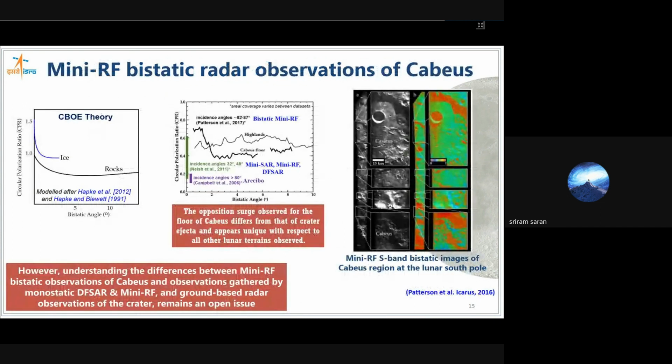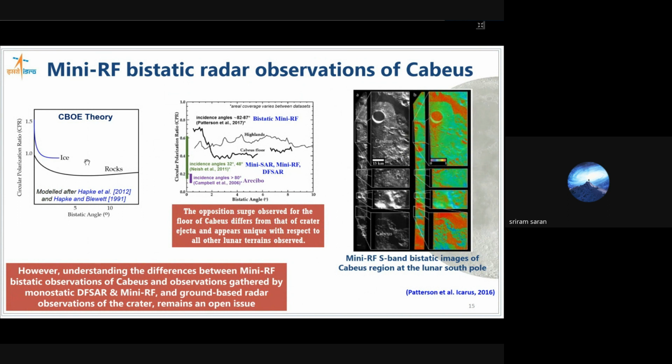So one such experiment was carried out using Mini-RF on board the LRO. A radar wave was transmitted from Arecibo to the Cabeus crater, and then it was recorded on board the LRO using Mini-RF.